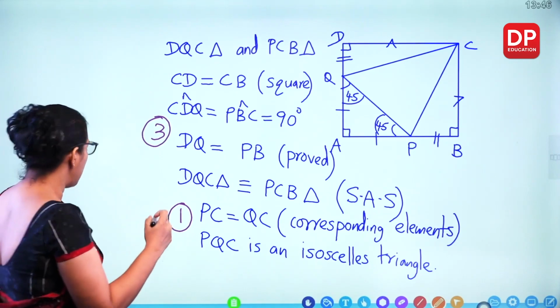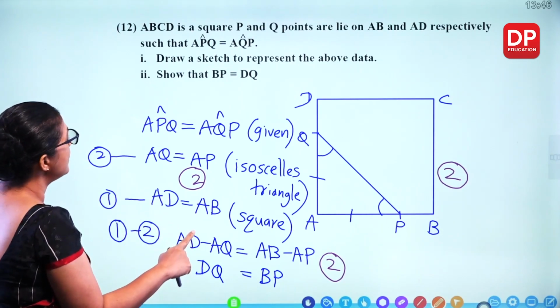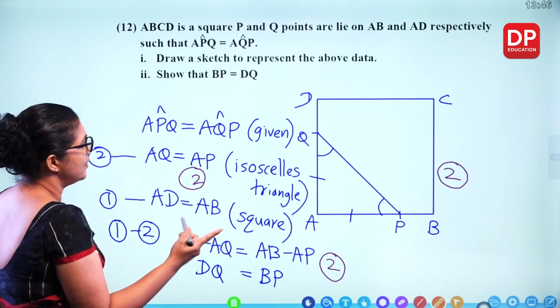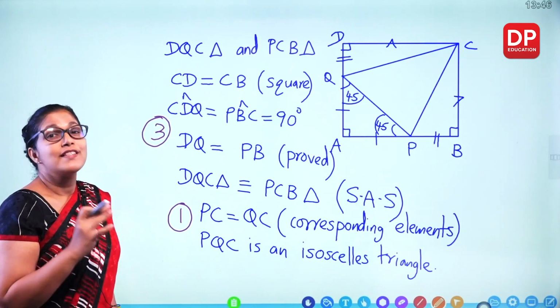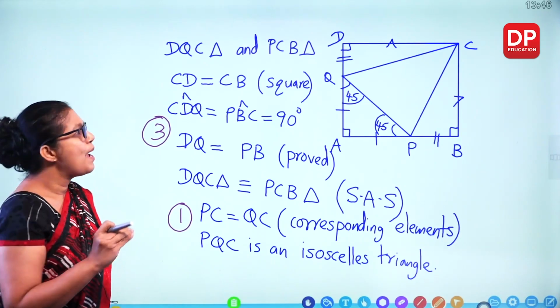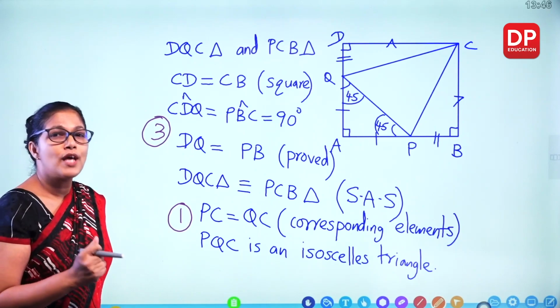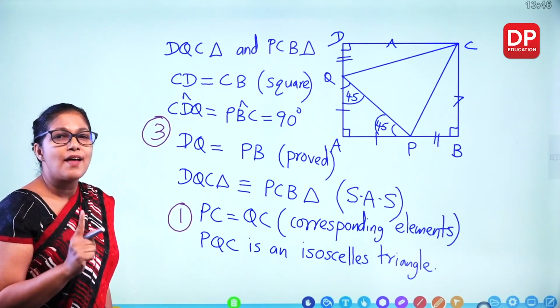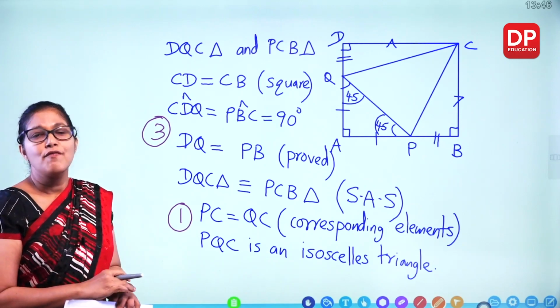So 4 here, 4 and here 6, so 4 and 6 altogether 10 marks. So this is the last question in paper 2 and we discussed today the 2018 Southern Province end of year evaluation for grade 10.